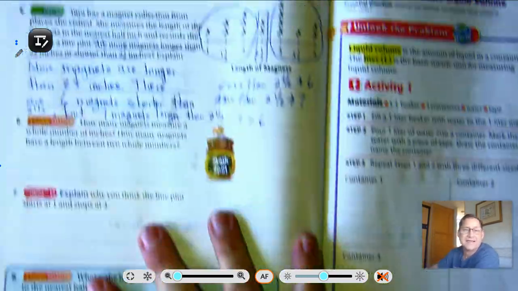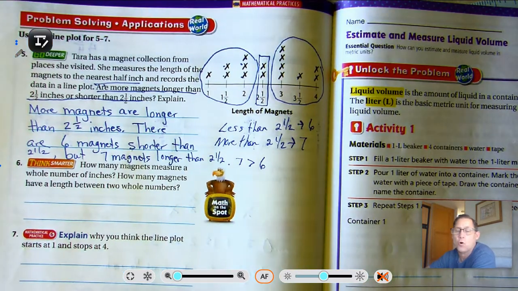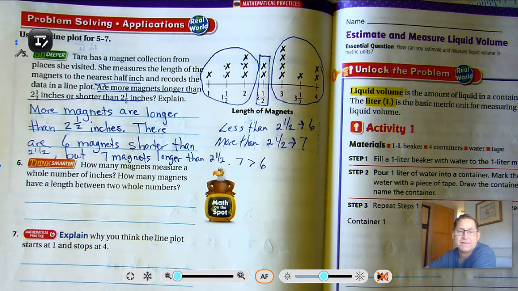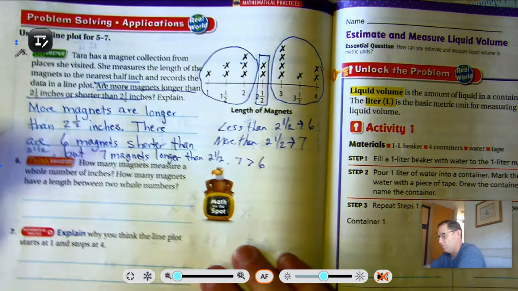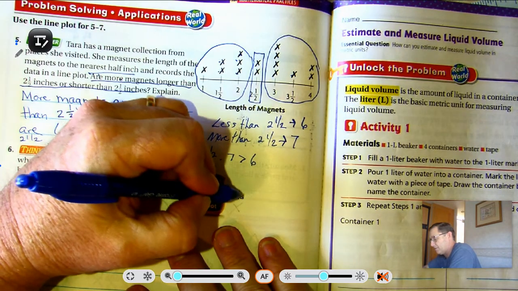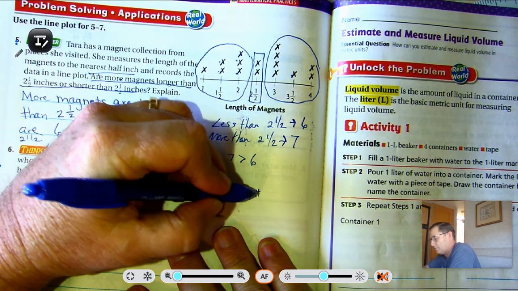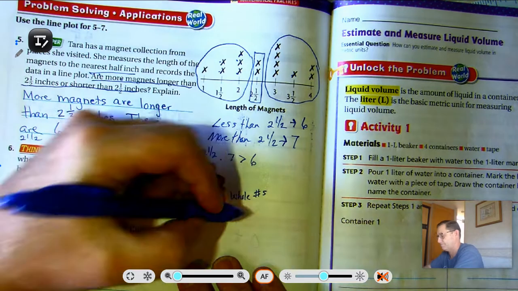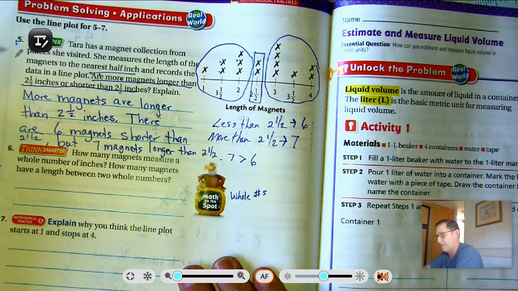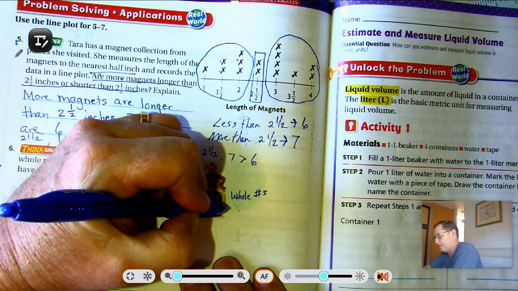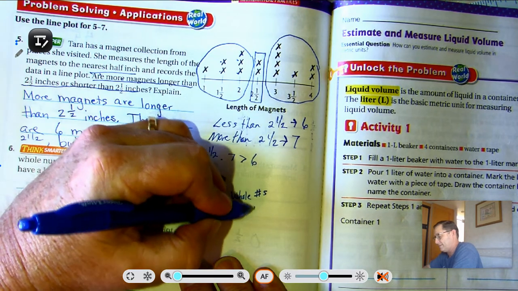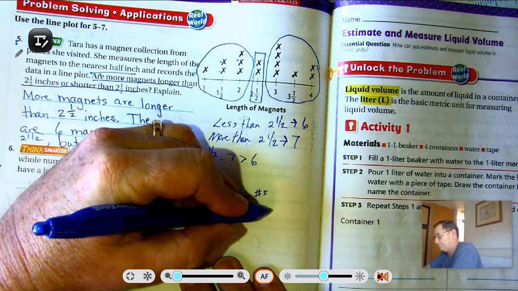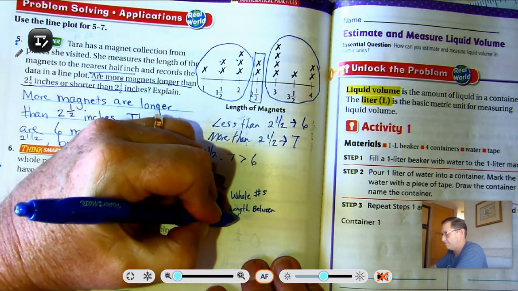All right, number 6. How many magnets measure a whole number of inches? How many magnets have a length between two whole numbers? All right, so again, we can keep track of this. We can say whole numbers and length between whole numbers.